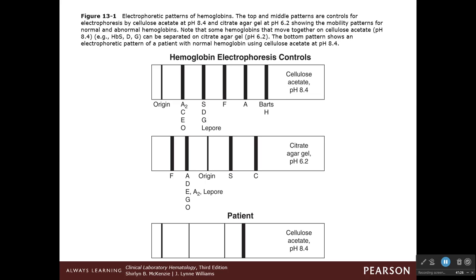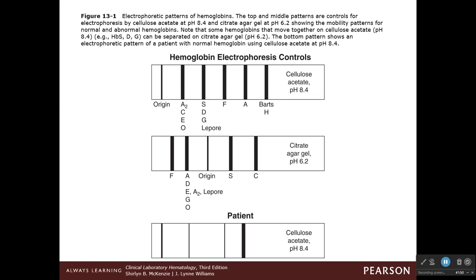So in this case, in the pH of 8.4, all of your hemoglobin is negatively charged. Okay? So it's all going to go toward the positive electrode, which is known as the anode. Okay? Anode. Right? Notice where your origin is in the pH of 6.2.